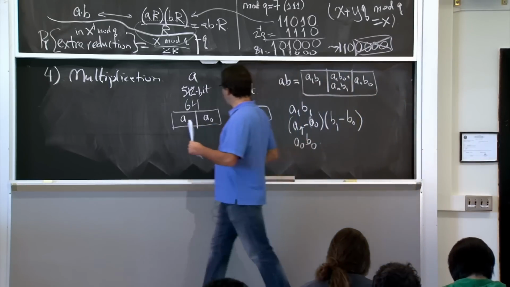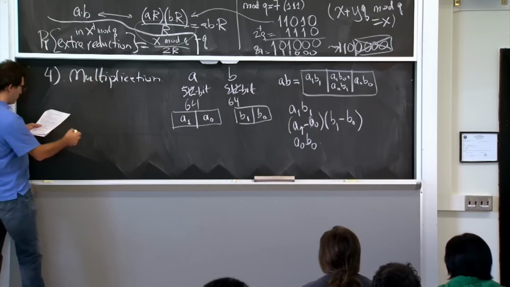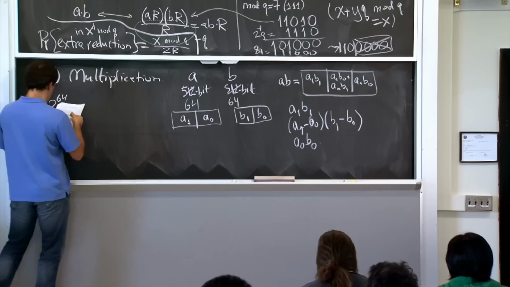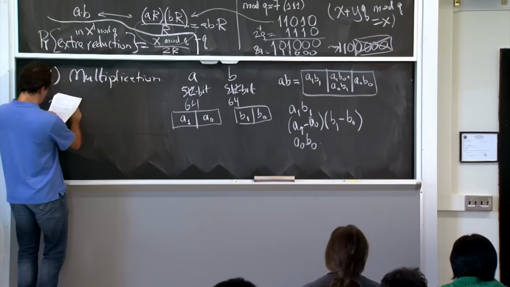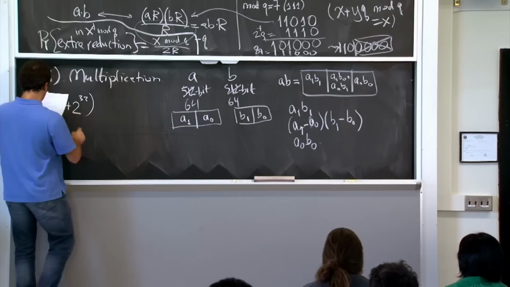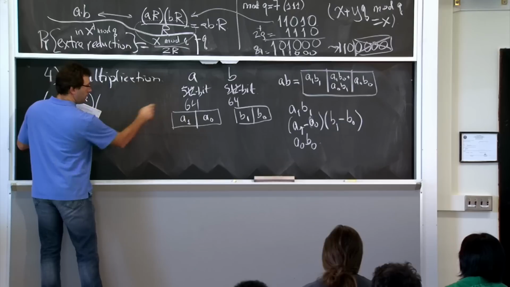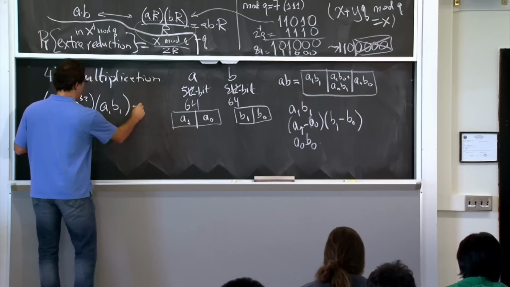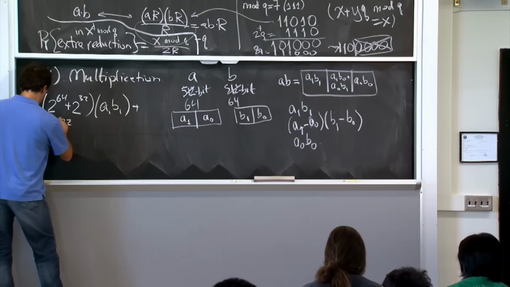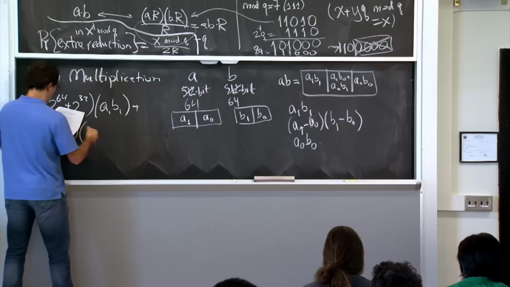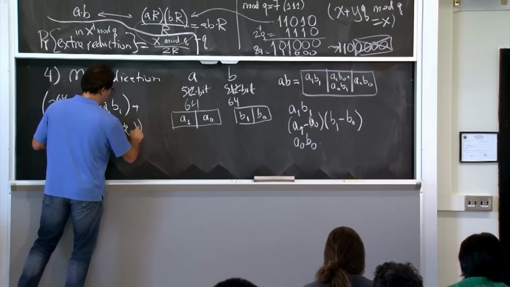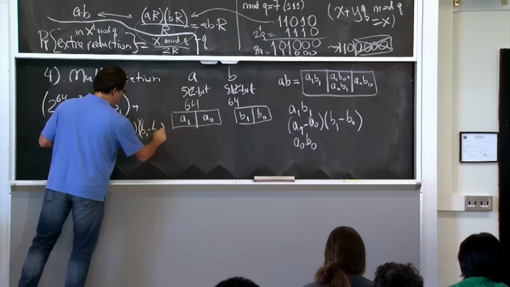Let me write it out in a different form. We have (2 to the 64 plus 2 to the 32) times A1, B1, plus 2 to the 32 times minus that little guy in the middle, A1 minus A0, B1 minus B0.